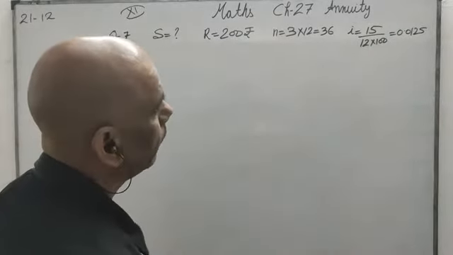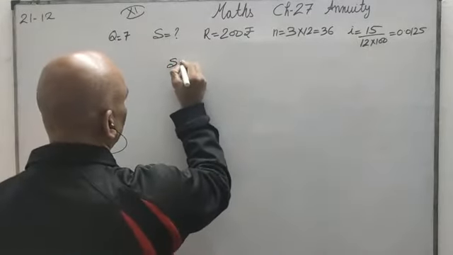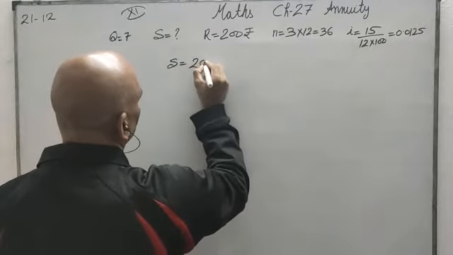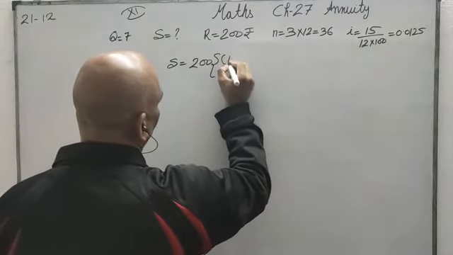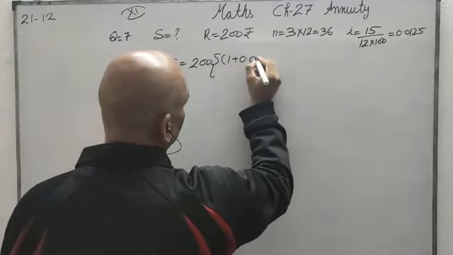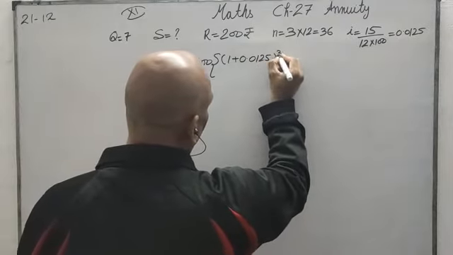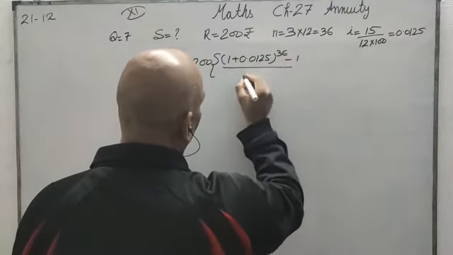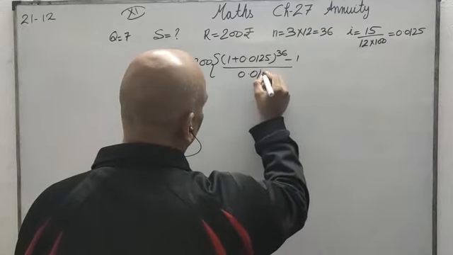Okay, now what I will do, again the same formula. S is equal to 2001 plus 0.0125 to the power 36 minus 1 upon 0.0125.